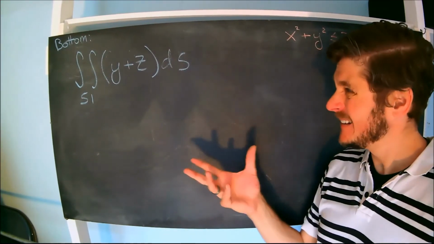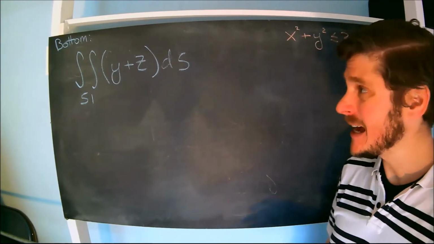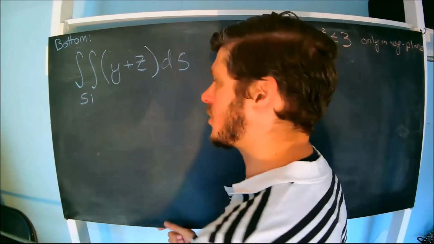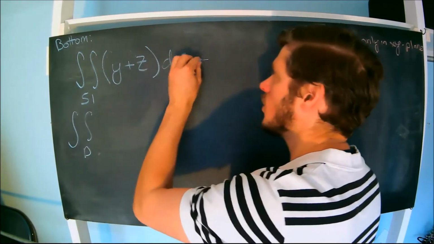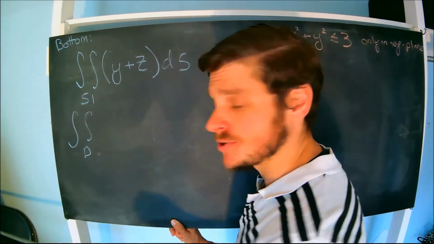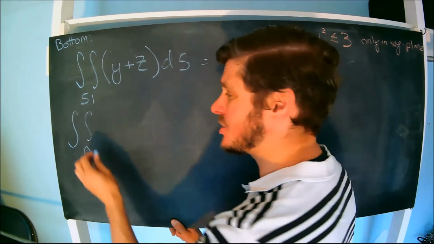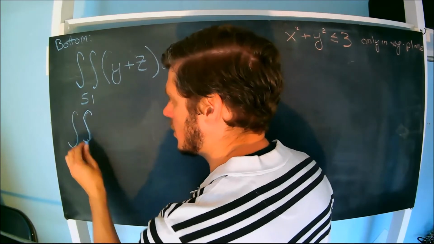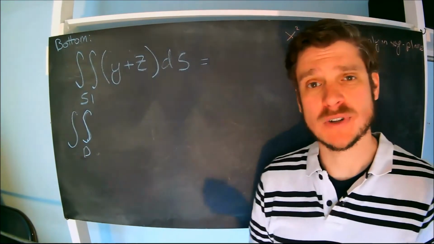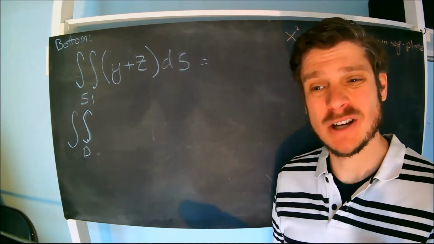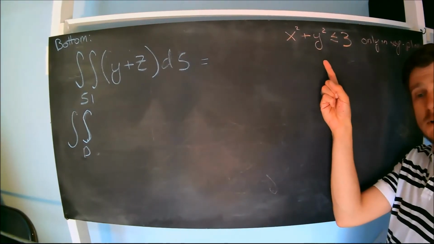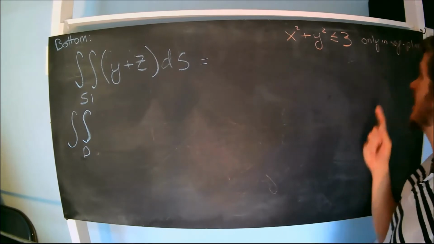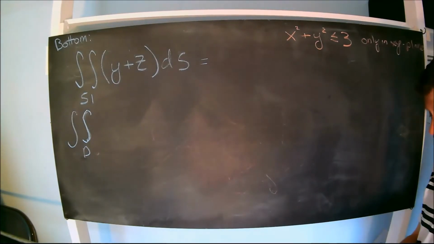Now, to understand how we can take this, the idea is that eventually I need to take my surface integral and reparameterize so that I can integrate over just some two-dimensional region D. Well, this one's about as easy as it gets, because we know that this x squared plus y squared less than or equal to 3 is only in my xy plane.